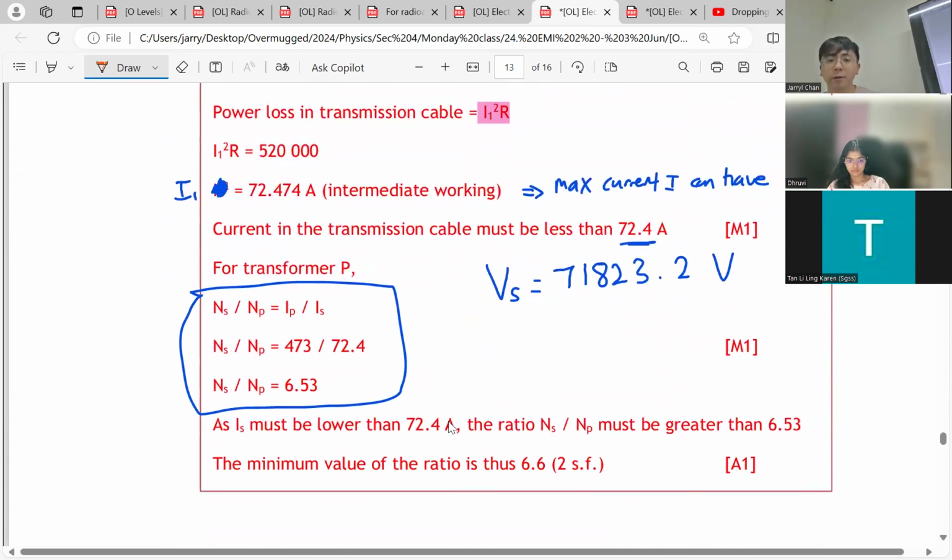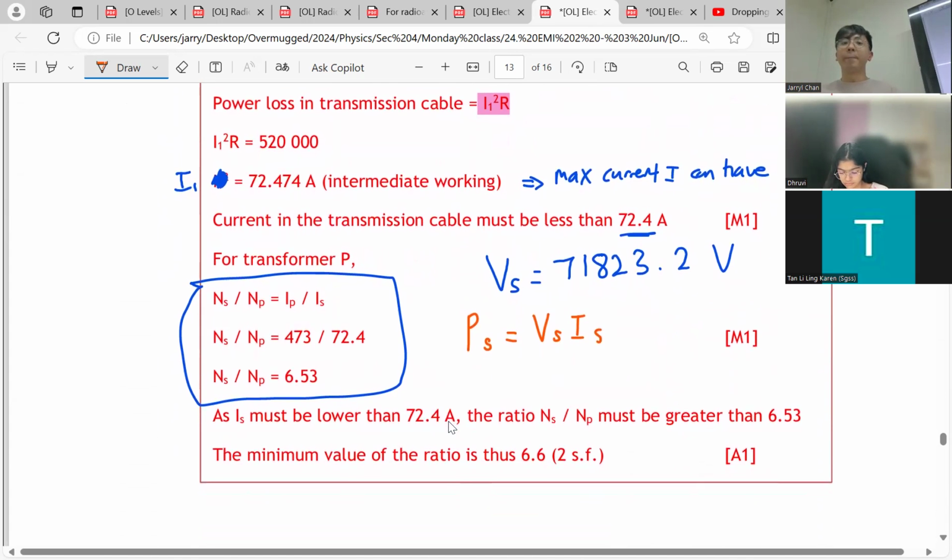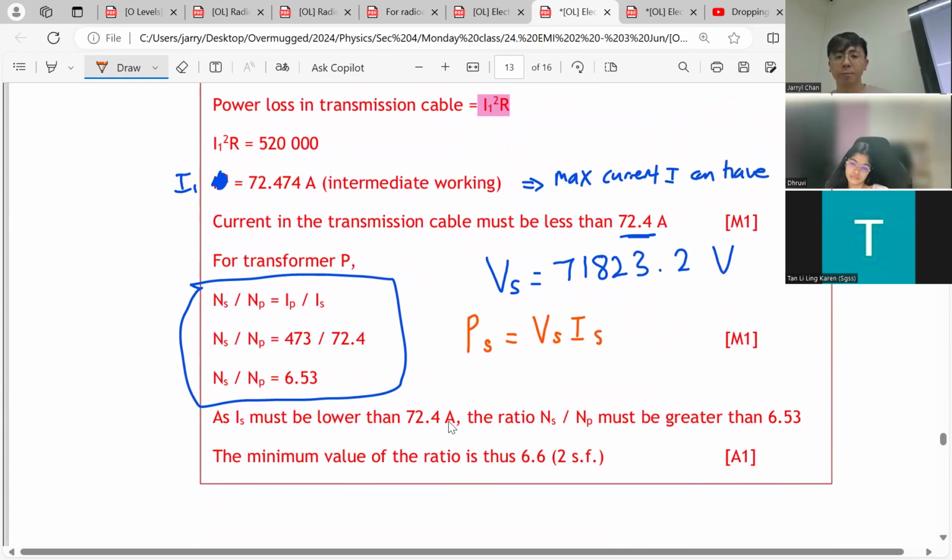Ignore the blue box for now. The power in my secondary coil therefore equals Vs times Is. You good with this? The power in the secondary coil will again be 5.2 times 10 to the power of 6. The maximum current should be 72.47.